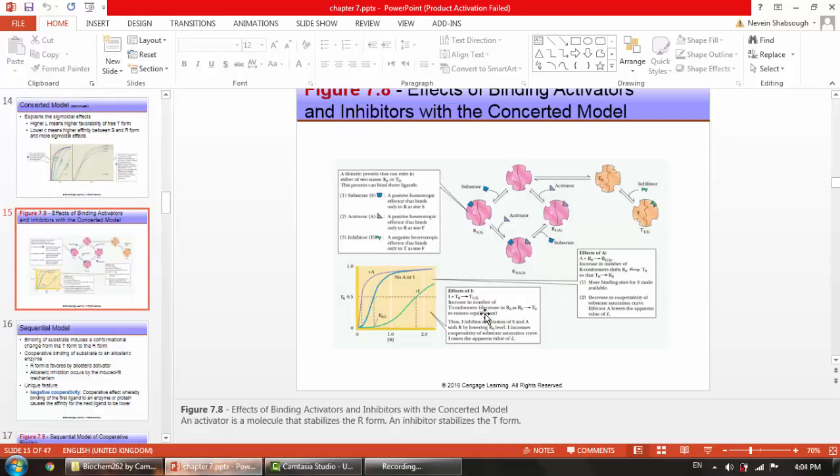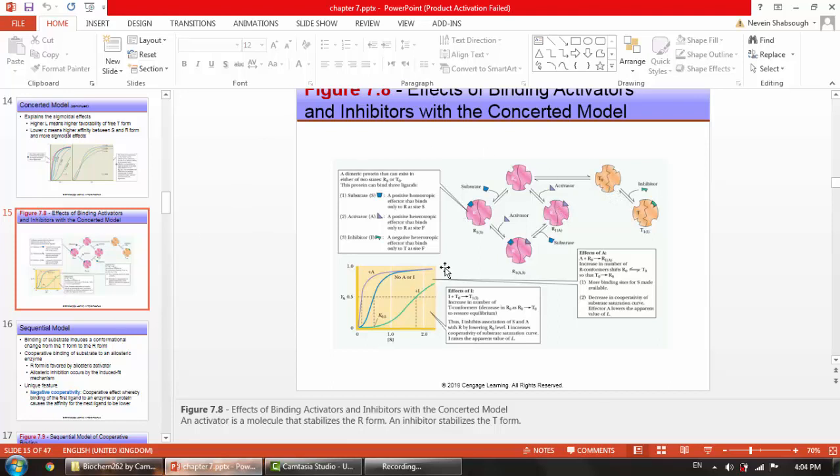Now this figure explains the effects of binding activators and inhibitors with the concerted model. An activator is usually a molecule that stabilizes the R form, and an inhibitor usually binds to the T form and stabilizes it.